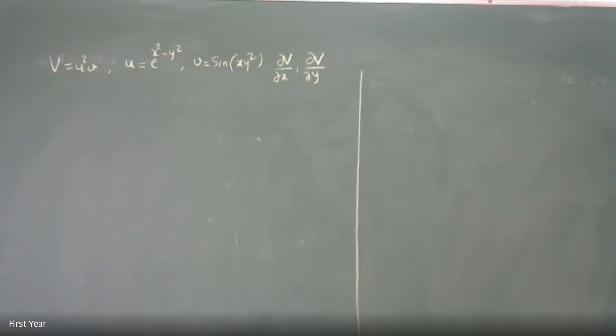Roll number 56 is absent. Roll number 48, division D. Piyush Khadke, are you there?